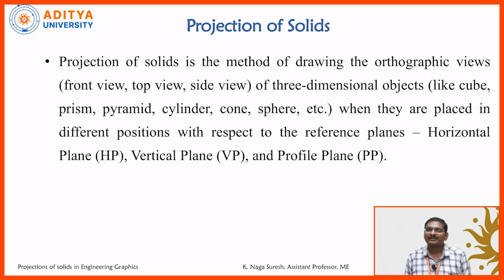When they are placed in different positions with respect to the reference planes, called the horizontal plane HP, vertical plane VP, and profile plane, also called the side plane, these are the projections of solids.